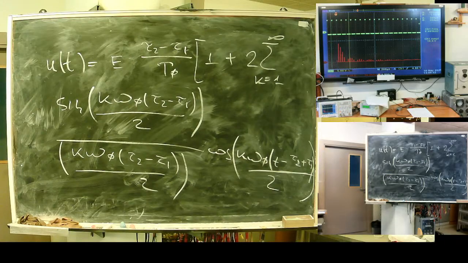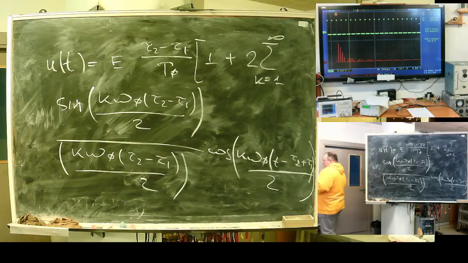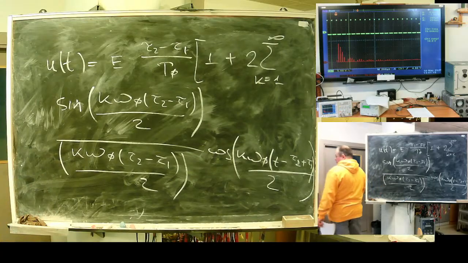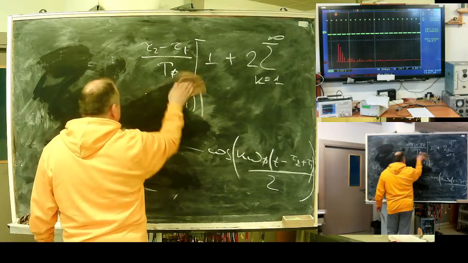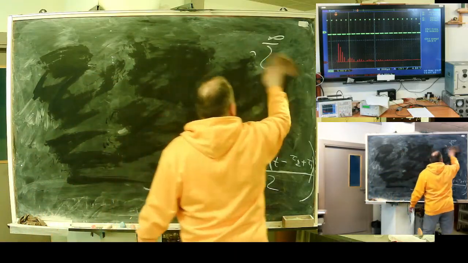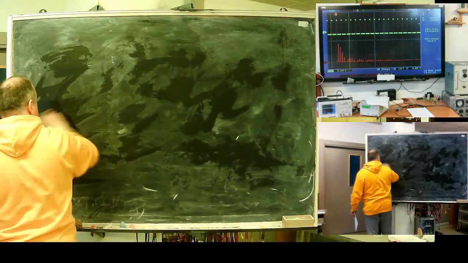Here is the situation for the spectrum of my carrier for a simple sequence of pulses. Since my scope can display only positive frequencies, one moment, I'll try to draw what we see.